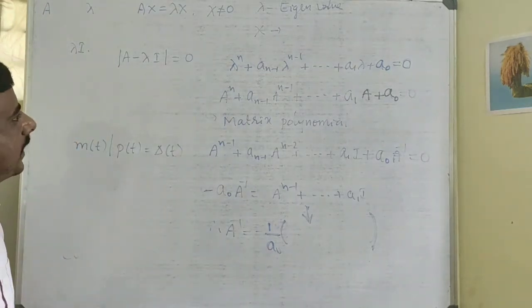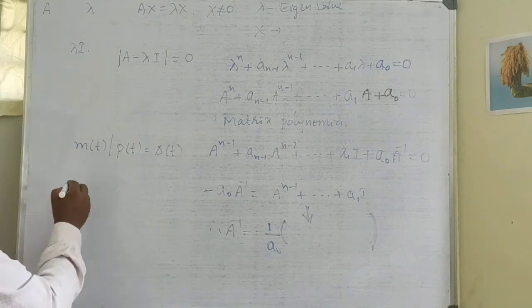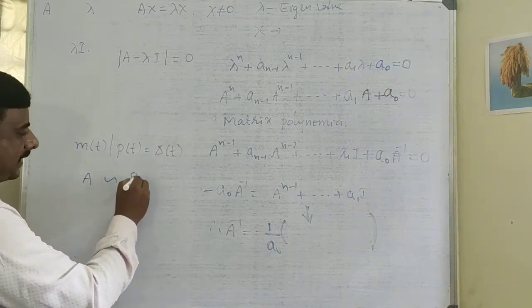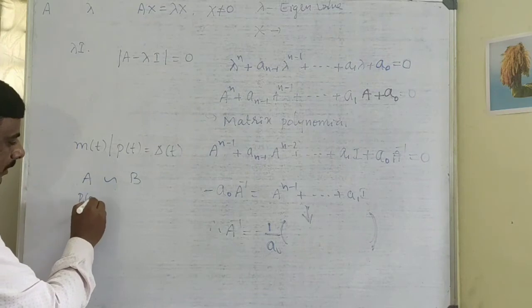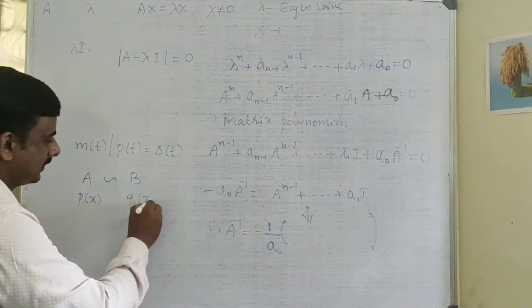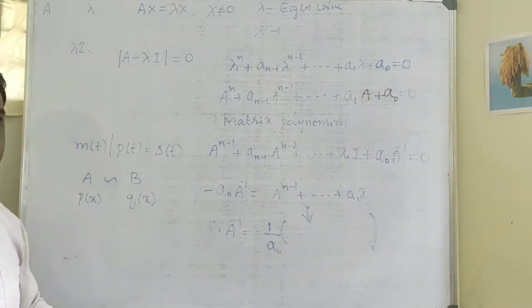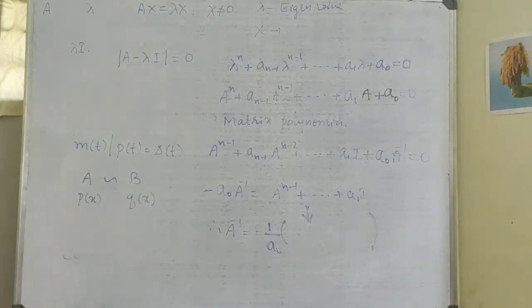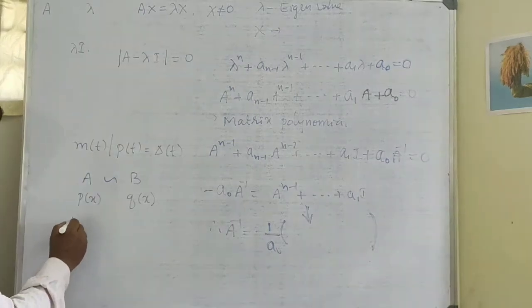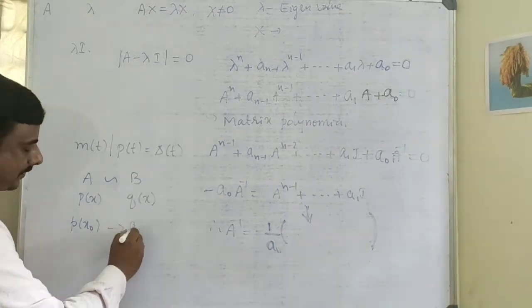The next important thing is, suppose two matrices A and B are equivalent, and the minimal polynomial of capital A is P of x and the minimal polynomial of capital B is Q of x. Now we have two matrices and correspondingly we have their minimal polynomials. Now, what is the relation between these two minimal polynomials? You can check that if x naught is any root of P of x, that is P of x naught equal to 0, then Q of x naught is also 0.